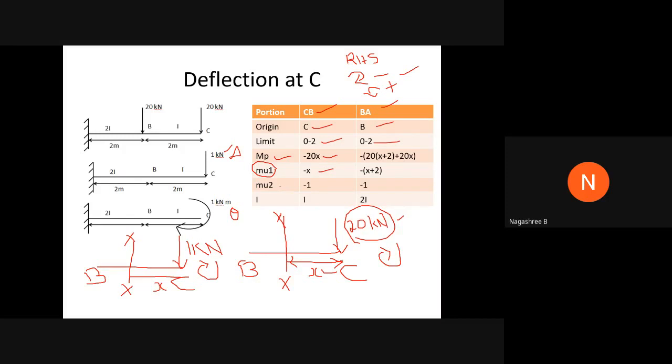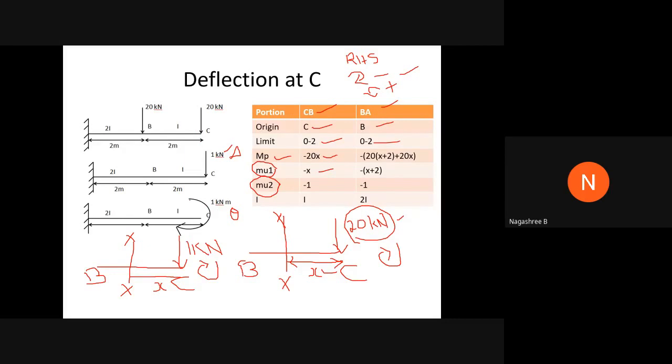Coming to the next one, the moment due to the slope or unit rotation. The unit moment of magnitude 1 is assumed in the clockwise direction. Why? Because exactly at point C we have the load of 20 kilonewton in the downward direction, and if we take the moment due to the 20 kilonewton at any point going from right to left, it will be in the clockwise direction itself.